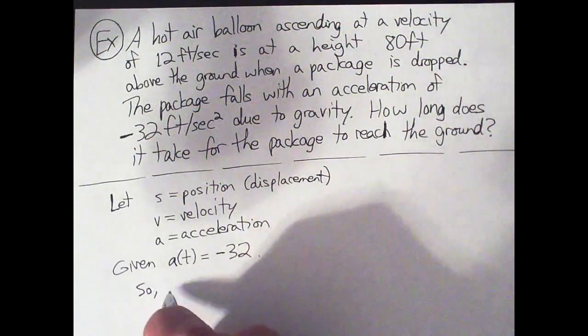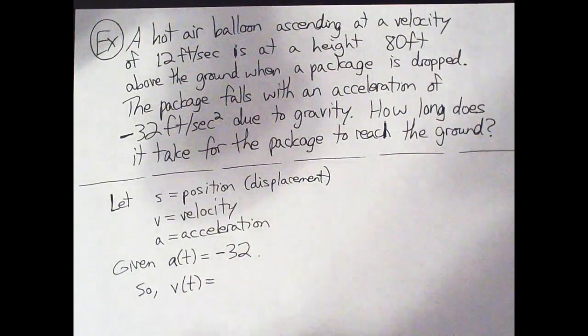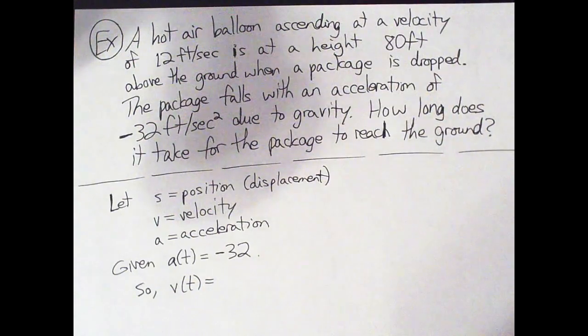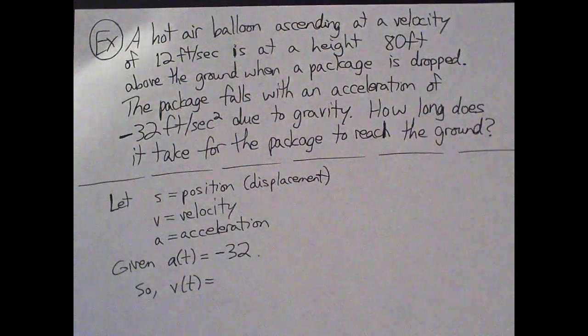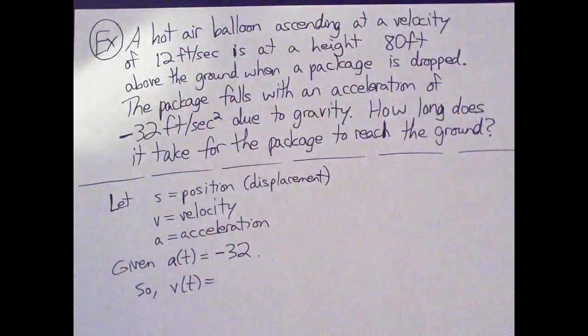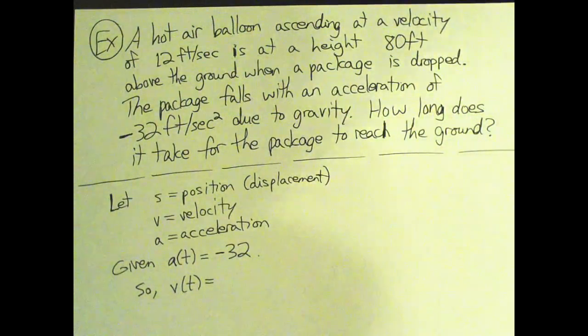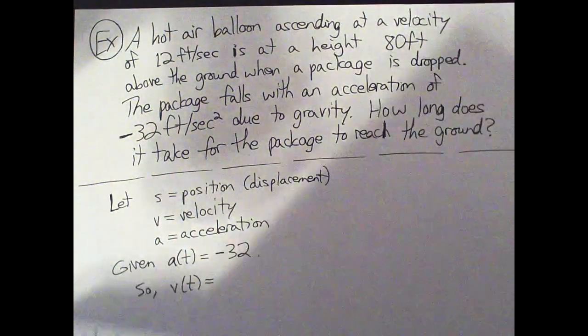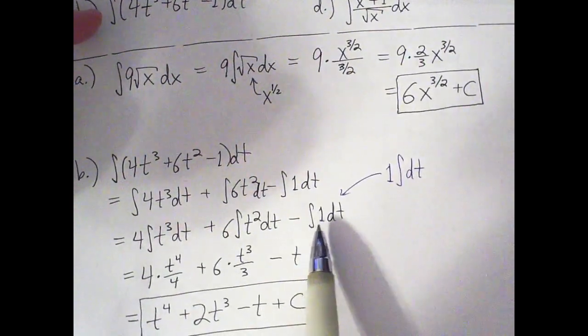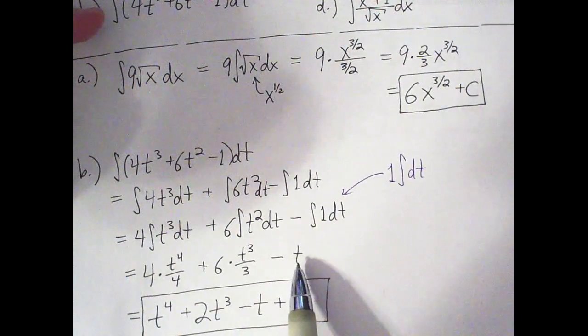All right, so can we find v of t? Well, what would be an antiderivative or indefinite integral of negative 32? Earlier we did an indefinite integral of 1 dt, and we said that it equaled t.